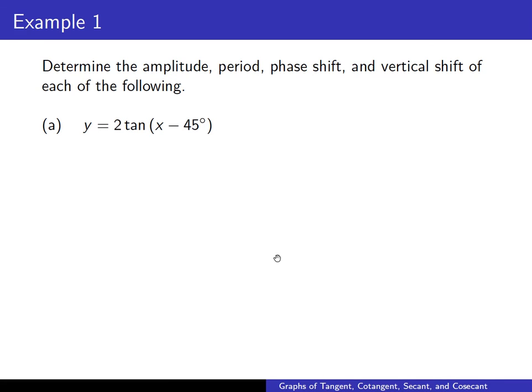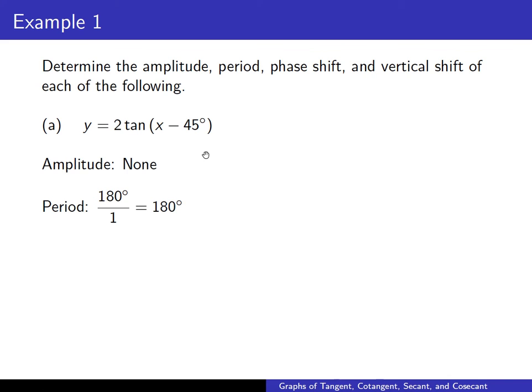All right, so example 1, we have the amplitude, period, phase shift, and vertical shift. So we have y equals 2 times the tangent of, in parentheses, x minus 45 degrees. There is no amplitude, even though there's a 2 out in front that's going to stretch the graph vertically, but still no maximum, no minimum, so hence no amplitude. And that's going to be a common theme throughout the examples in this video.